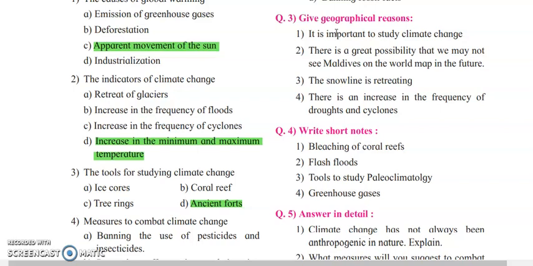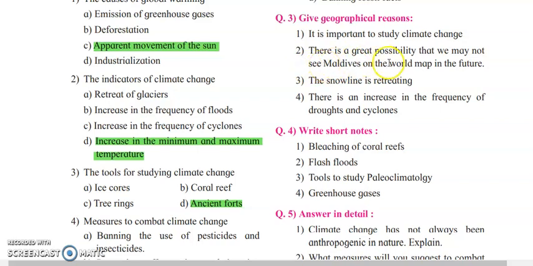Because of that, there is a total imbalance in the ecosystem, a lot of floods, cyclones and other activities you can see in the urban areas. Due to this warming, the rate of evaporation is increasing, the temperature in the atmosphere is increasing, which leads to drought and other climatic changes. So it is very important to study climatic change.